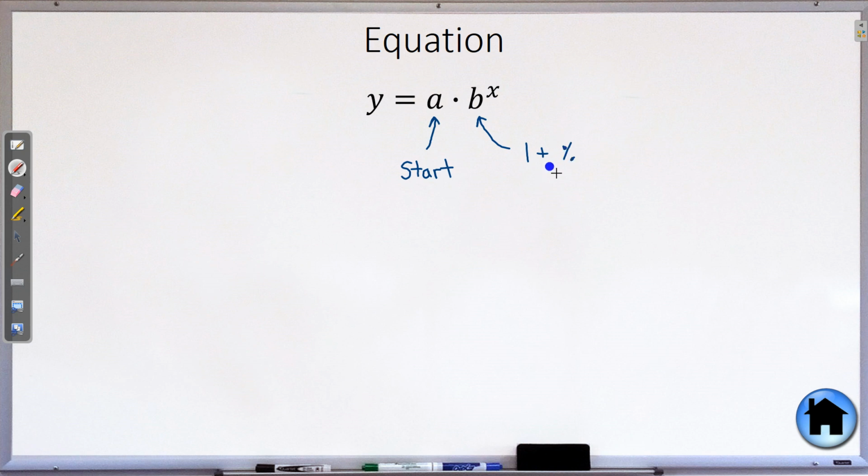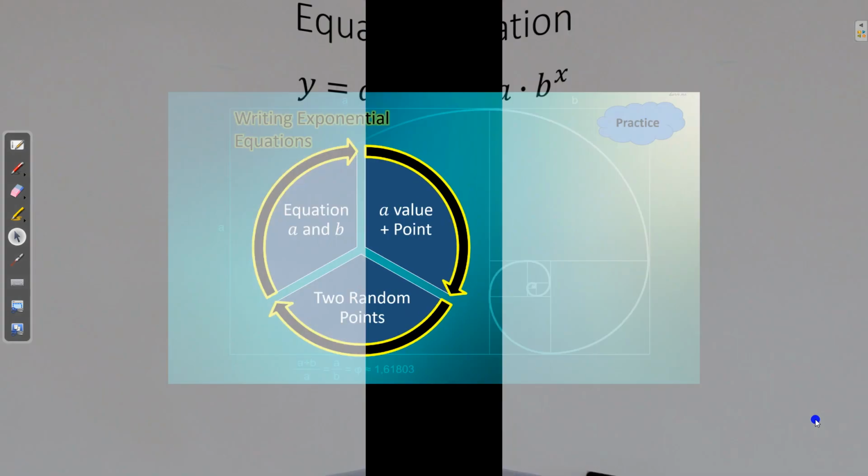Now, if you're given a word problem, you'll often get that percentage. But this time, that's going to be the main piece of information we don't get. But this is what we're going to be starting with for pretty much every problem, y equals a times b to the x. So let's use that.